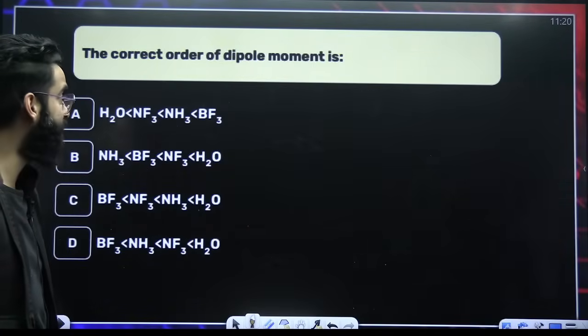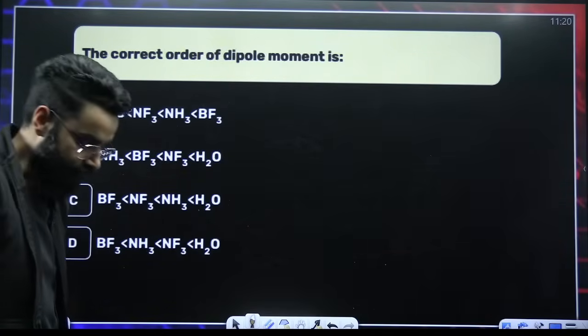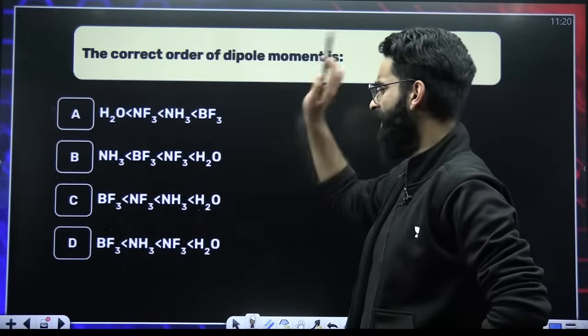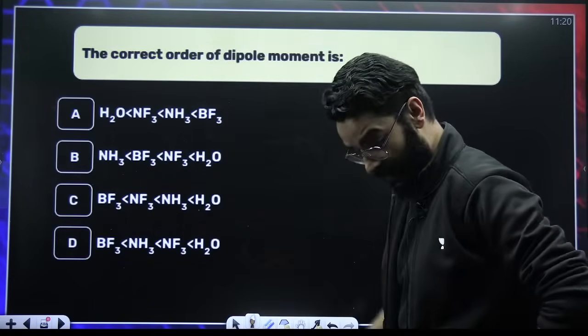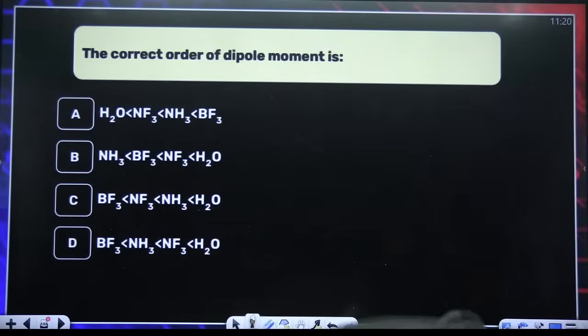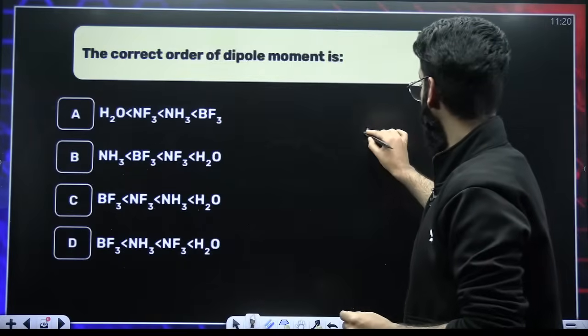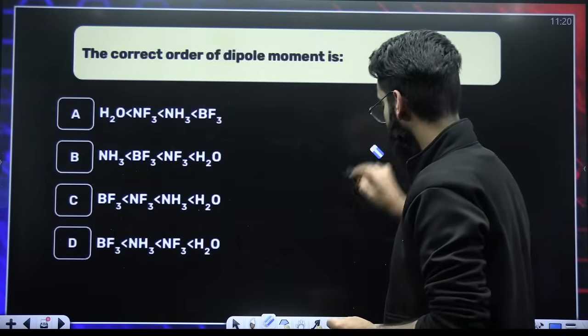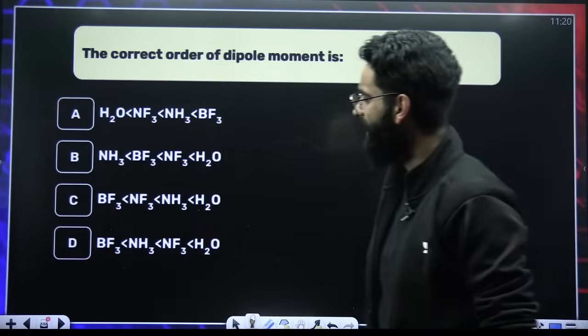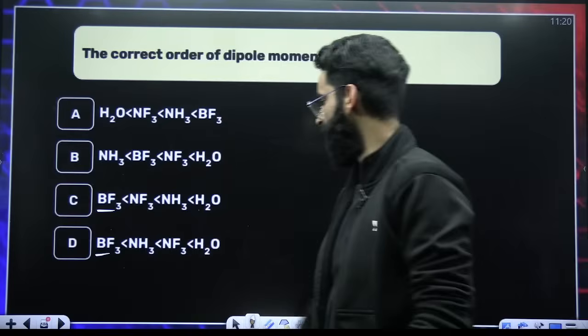What do you think is going to be the order of dipole moment? See, first of all, if you look carefully, BF3 has got 0 dipole moment. We have to write the increasing order, right? BF3 has got minimum dipole moment.